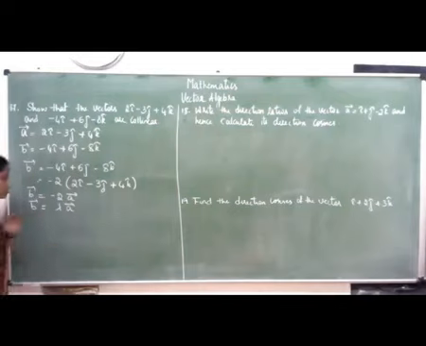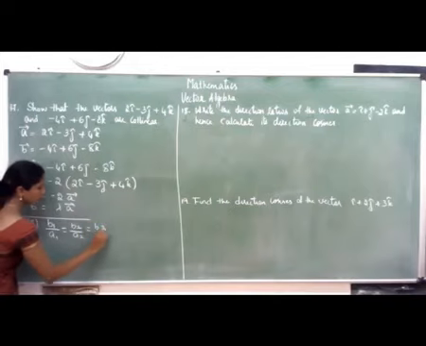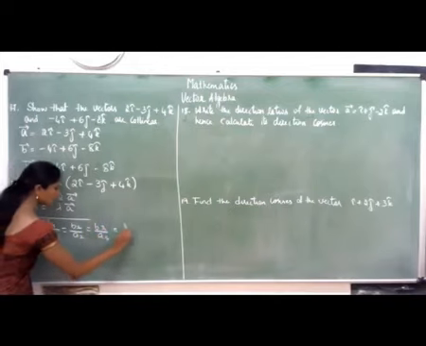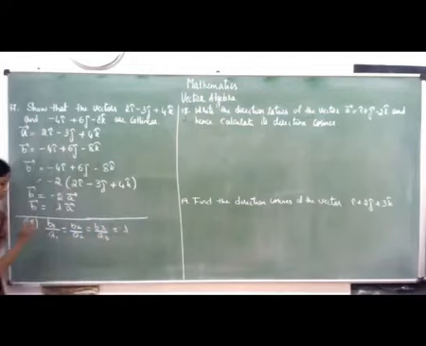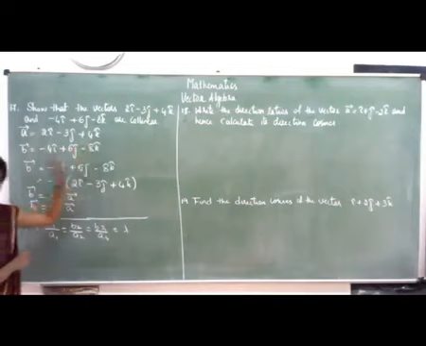This is one of the proofs, or you can even prove it using the formula showing that B1 by A1 is equal to B2 by A2, which is equal to B3 by A3, which is equal to some lambda. Let us see how to prove it. When you consider this as vector A, these will be your A1, A2, A3, and these will be your B1, B2 and B3.